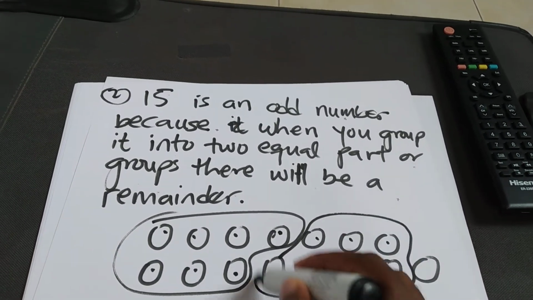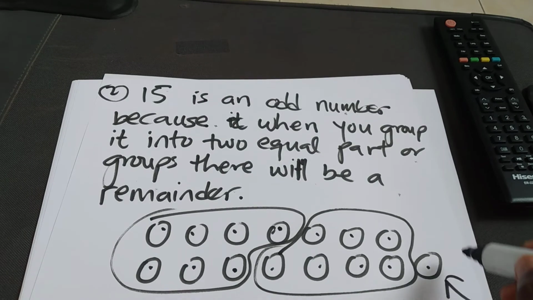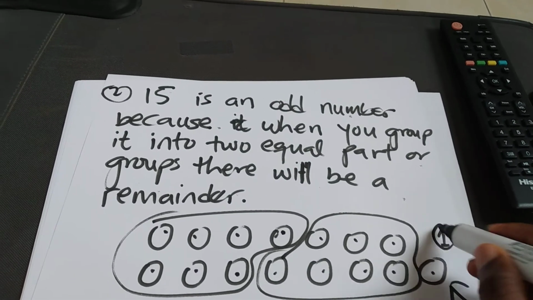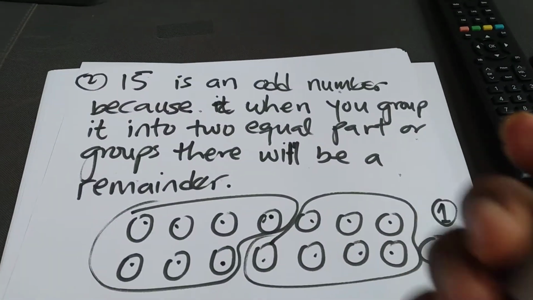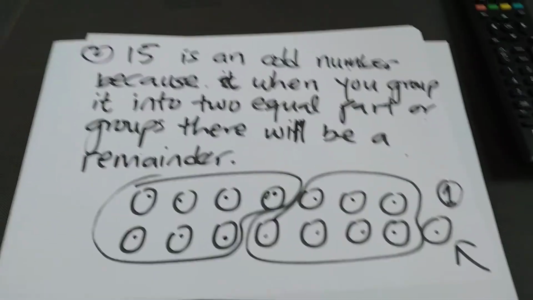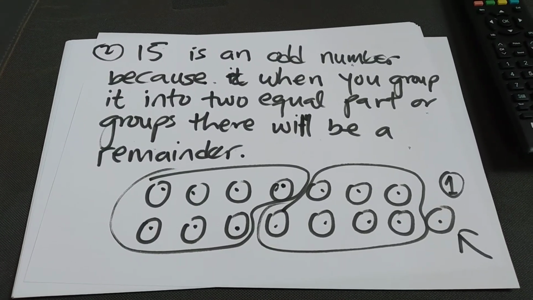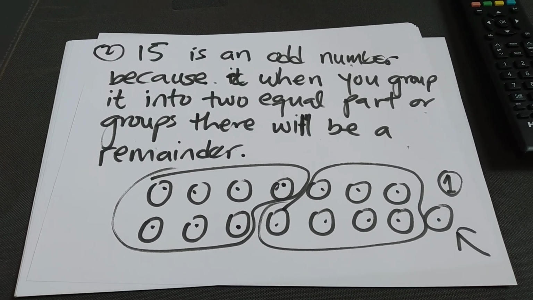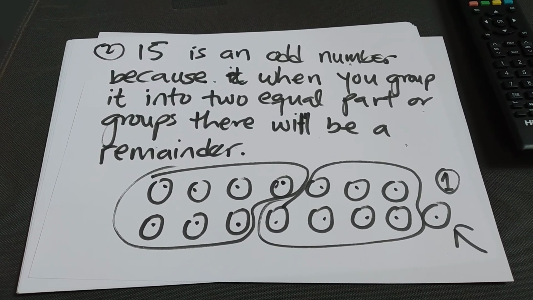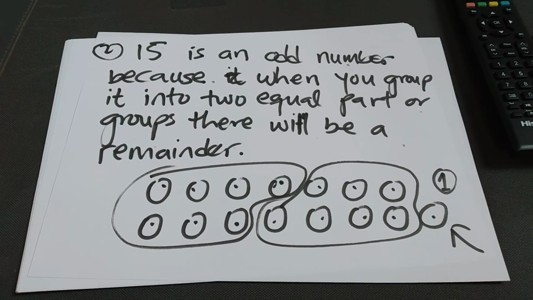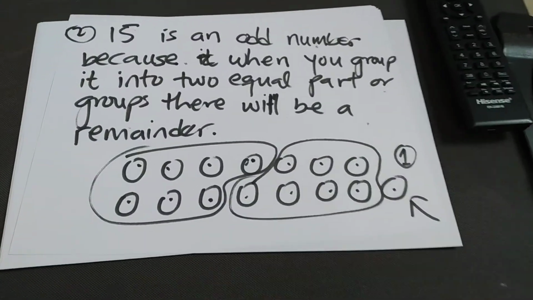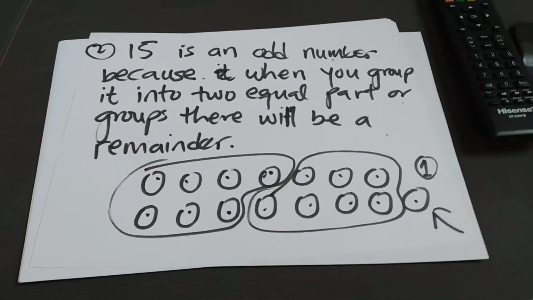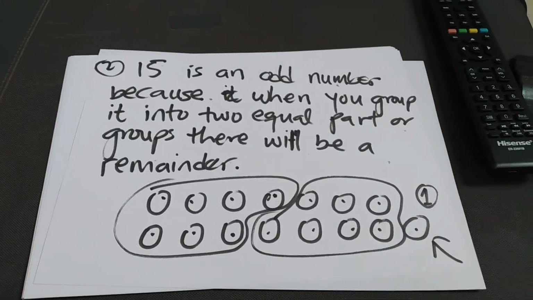This is our next group. But look, there is a remainder. Remainder what? 1. So it means that 15 is an odd number. Whenever you divide 15 into 2 equal groups, you will get a remainder at the back. You cannot get 2 equal groups without a remainder. So thank you very much. And these are the facts that can help you identify odd and even numbers.